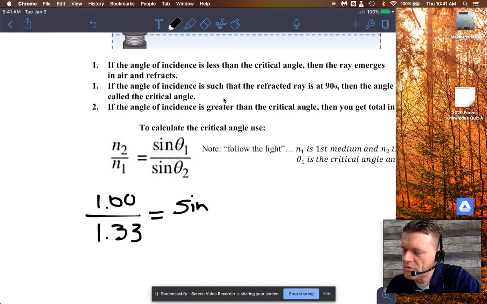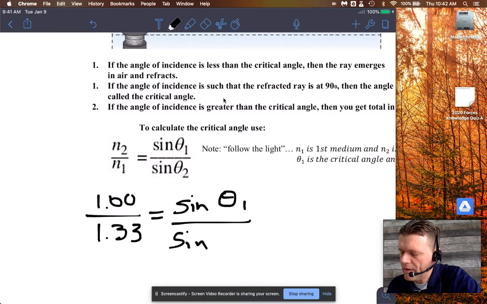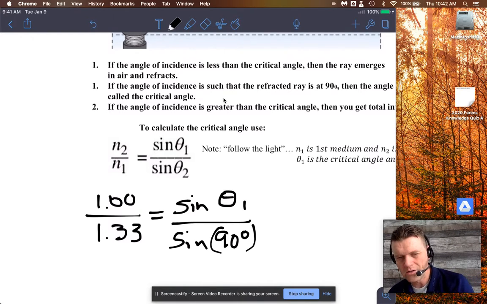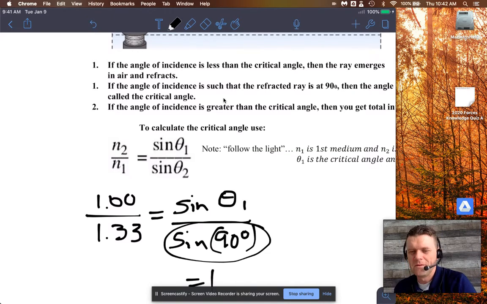So what we do is, we don't know what theta 1 is. That's our unknown, the critical angle. But theta 2 is going to be 90 degrees. The refracted angle is 90. We're looking for the exact critical angle that will cause that refracted angle. If you remember from your math, the sine of 90 is just 1. That's kind of nice.